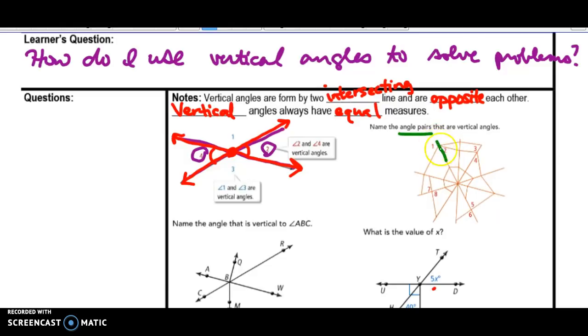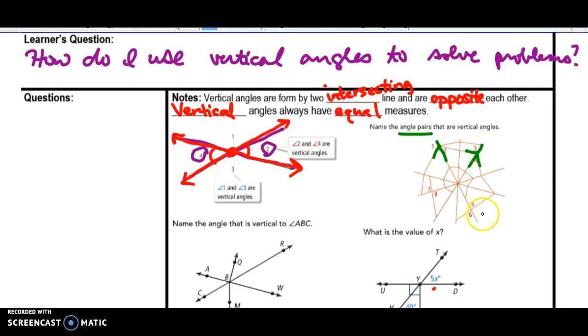This line makes up half of each angle, but this line only forms the other part of angle 1, not the part of angle 2. So these aren't vertical. The same is true of angles 3 and 4. They're opposite of each other, but they're not formed by the same two lines. Right? This line is part of both angles, but this line is only part of angle 4, and this line is only part of angle 3.